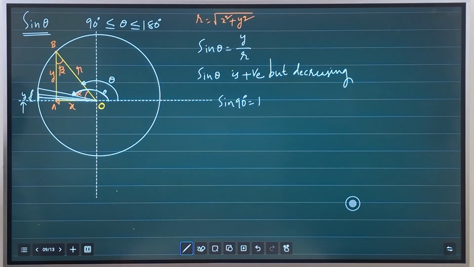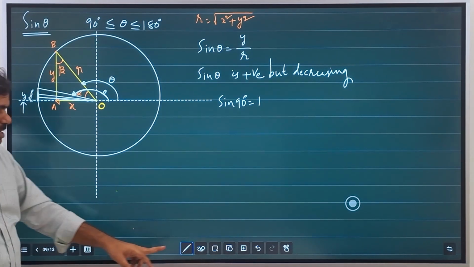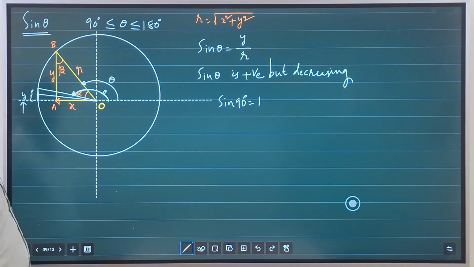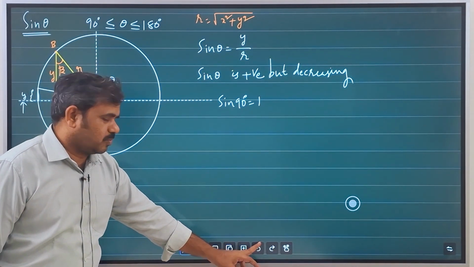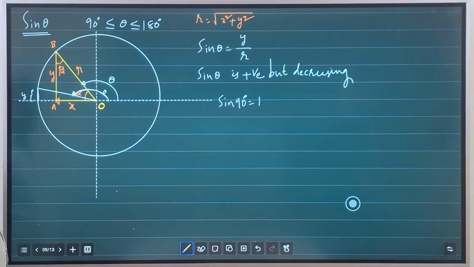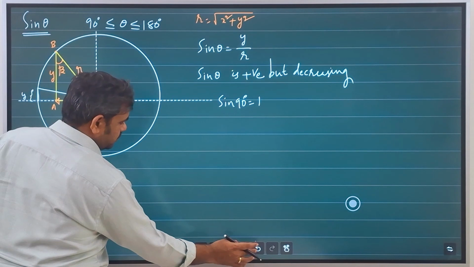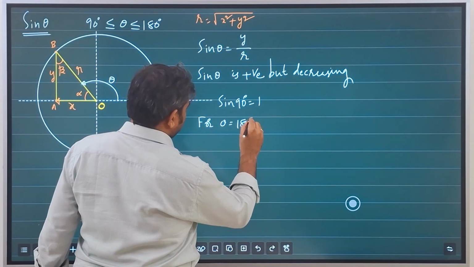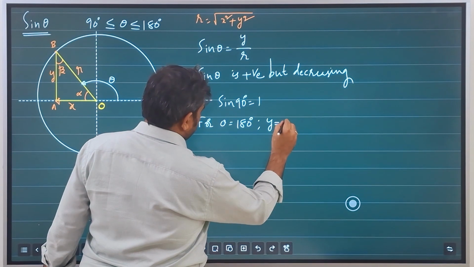What is happening to the value of y? Y is decreasing. So for theta equal to 180 degrees, the y value becomes 0.